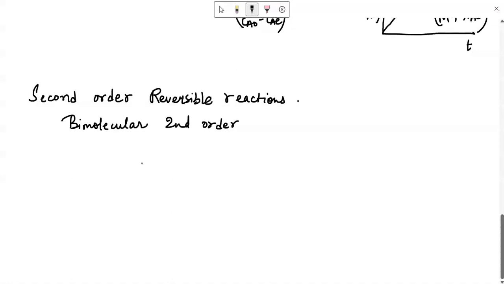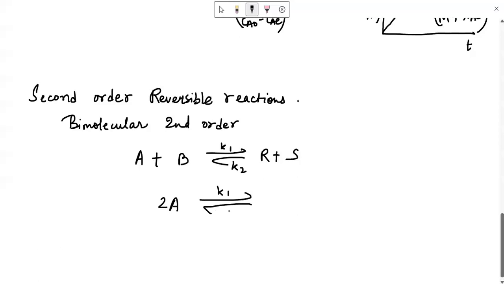Okay, so this can be of 4 different formats that I am going to write down. The first format is A plus B reversibly gives R plus S. Another form is 2A reversibly gives R plus S.